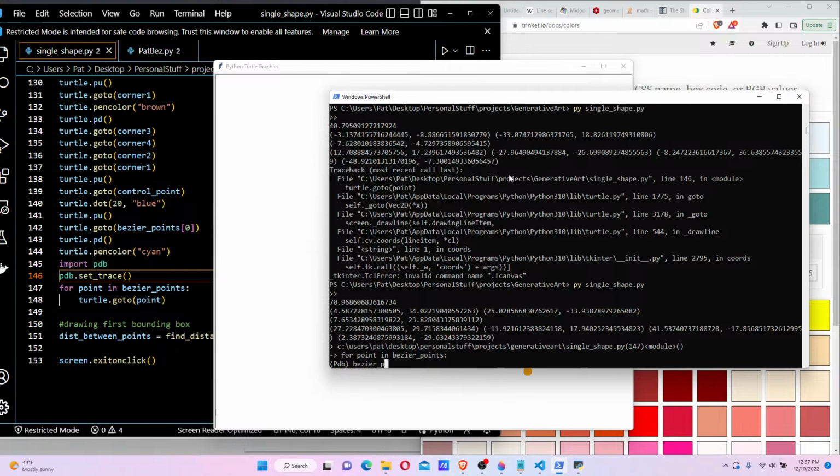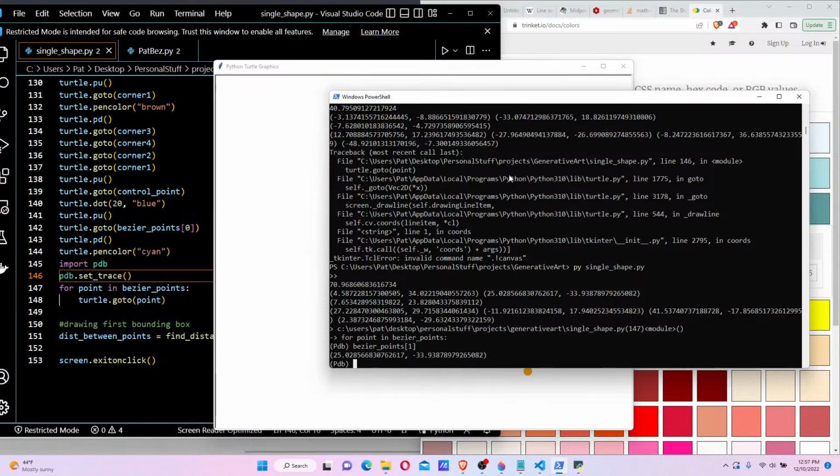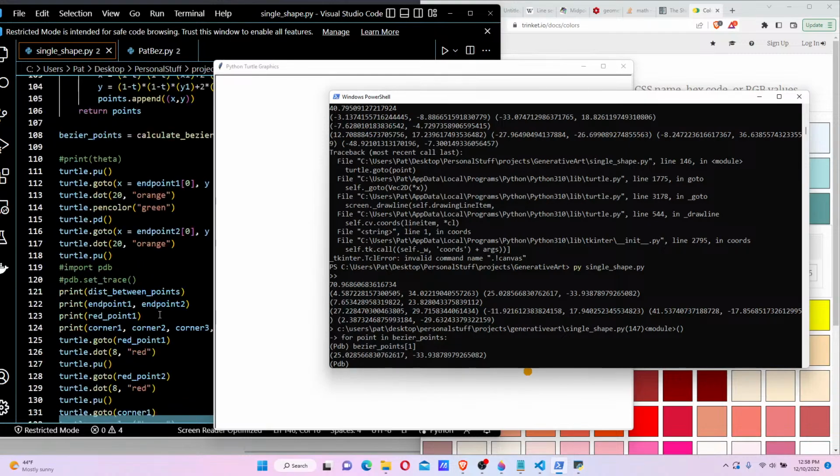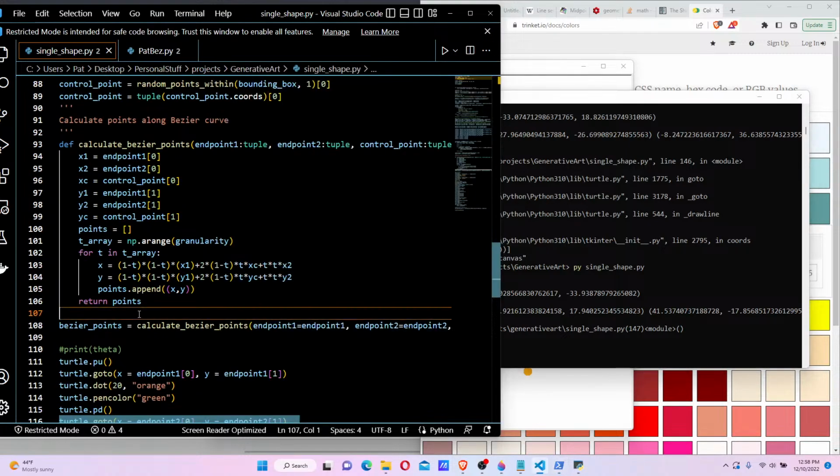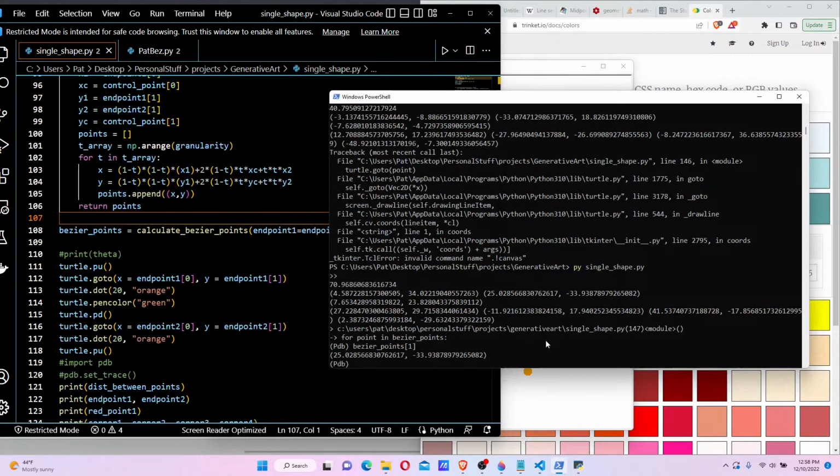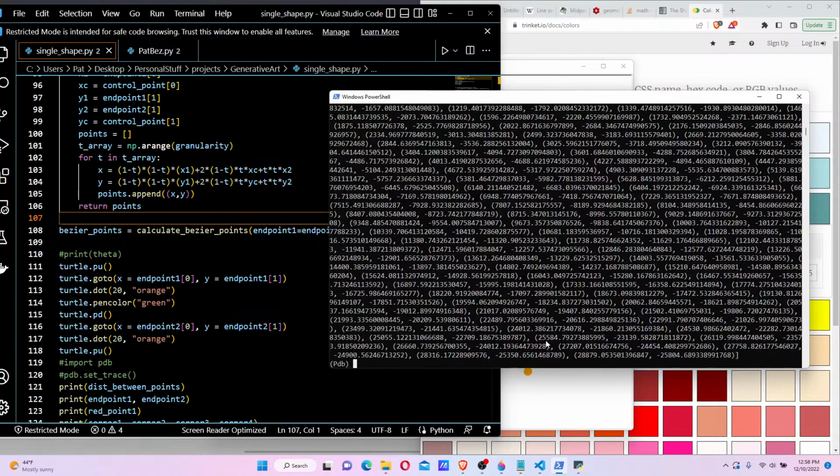Okay. So let's go to Bezier points of 1. That seems fine. Line 146. And go to point. Okay, let's just look at Bezier points. What's that list look like?